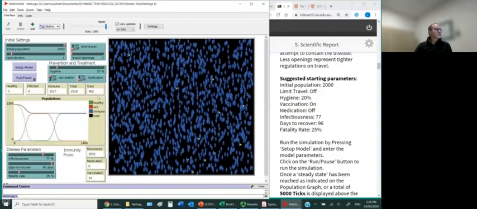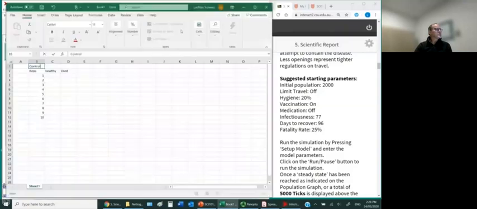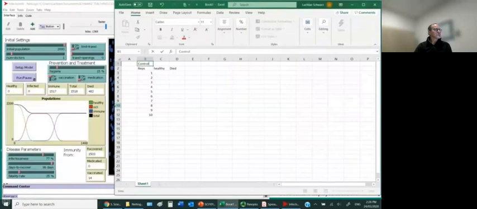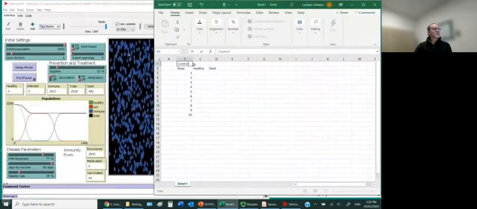So I'm now going to record those numbers in Excel. So I'll just open up Excel, and I'll bring that over here. And what you'll do is, this is my control. This is my control setup. I haven't changed any parameters yet. So these are my starting parameters, if you want to call them that. I'm going to do a minimum of 10 reps.